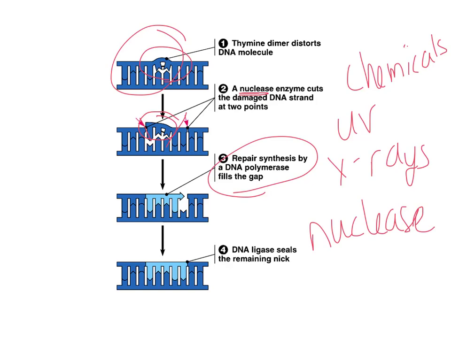The polymerase can replace it with correct nucleotides, and then the ligase will seal it back up, just like it sealed those Okazaki fragments together. So the cells do have some limited repair abilities for their DNA. We're going to be working with replication next class, and then we'll be moving on to why it's going to need to replicate the DNA in preparation for doing mitosis.